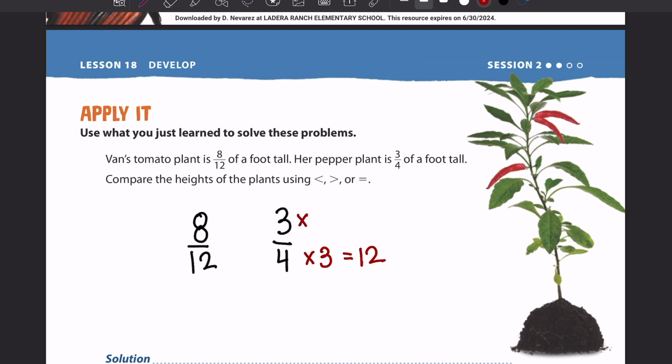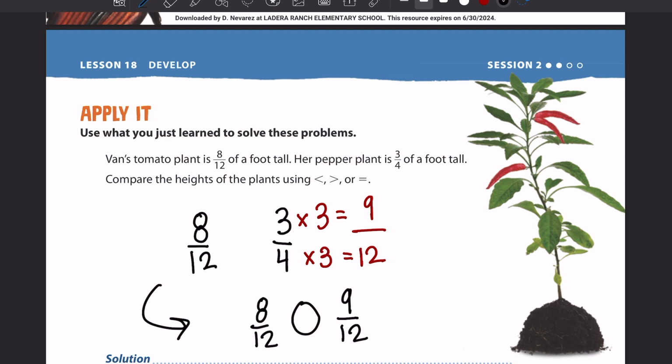So if I multiplied 4 times 3, I'm also going to multiply 3 times 3. So now we have a new fraction of 9 over 12. So now if I write both of them out again, I can see that 9 over 12 is going to be bigger than 8 over 12.